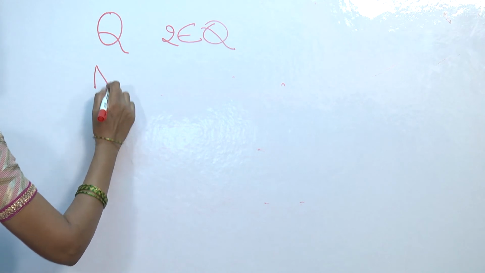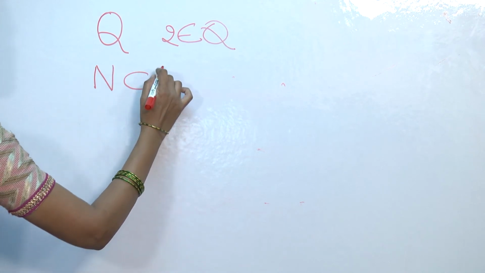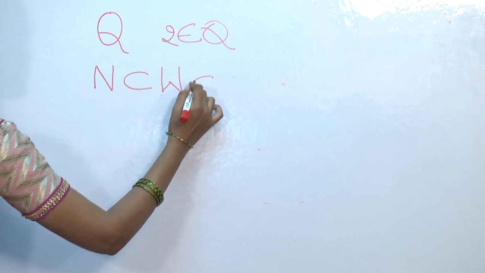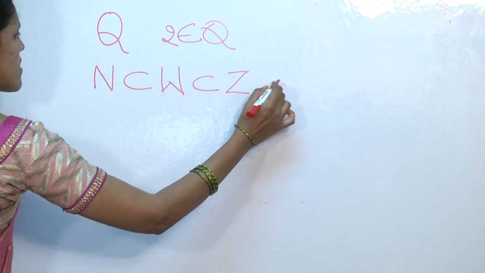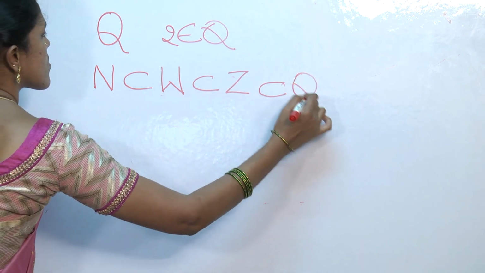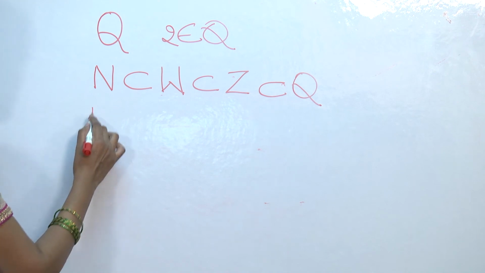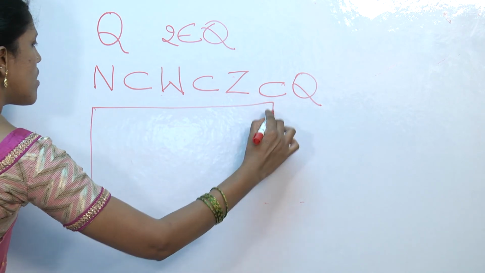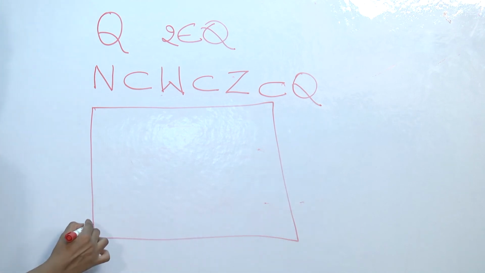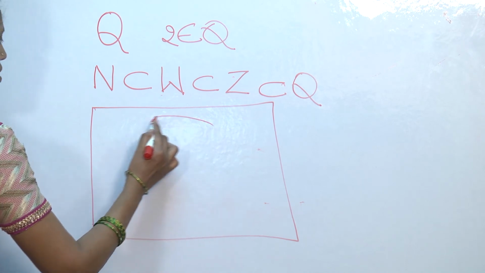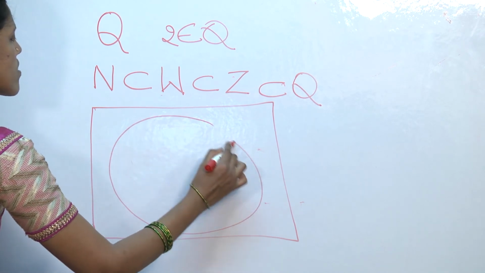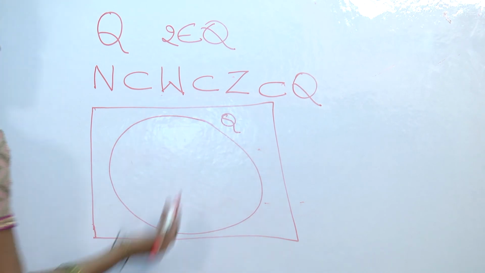So, natural numbers are a subset of whole numbers, which are a subset of integers, which in turn are a subset of rational numbers. If this is a set of all the numbers in the universe, then I consider this as the set of rational numbers.